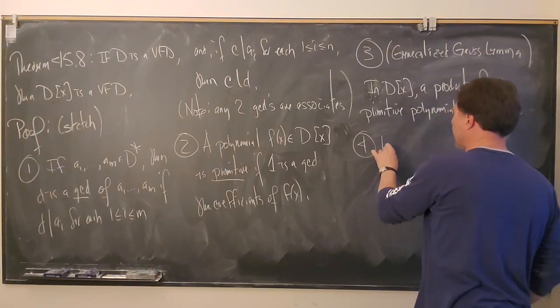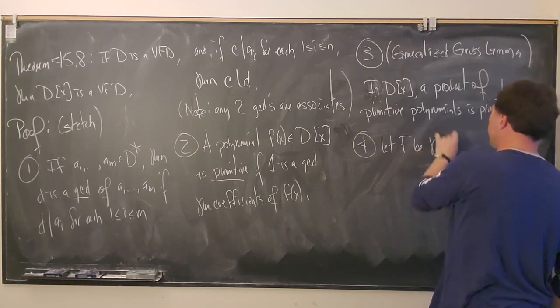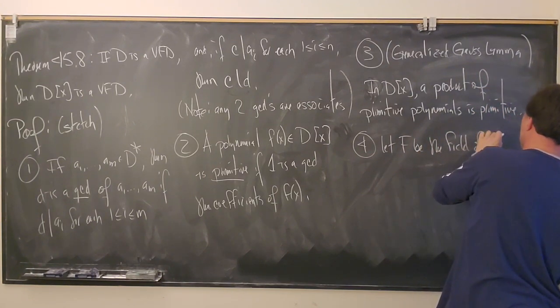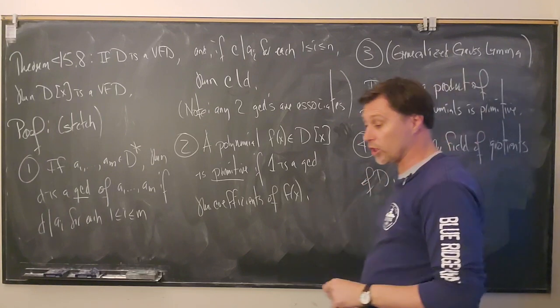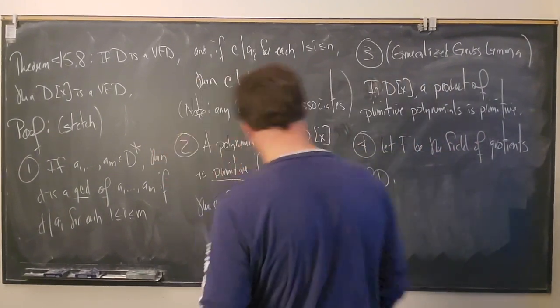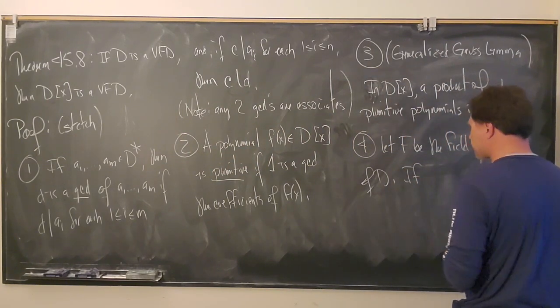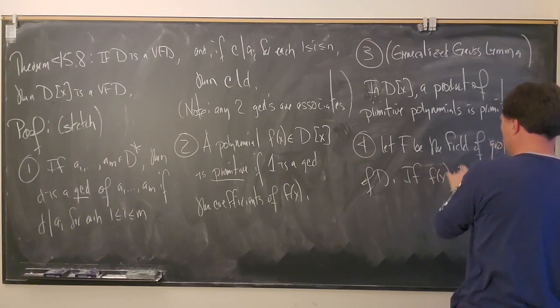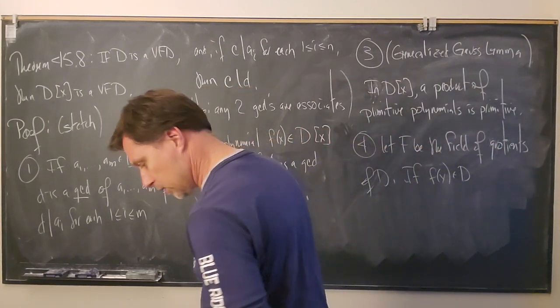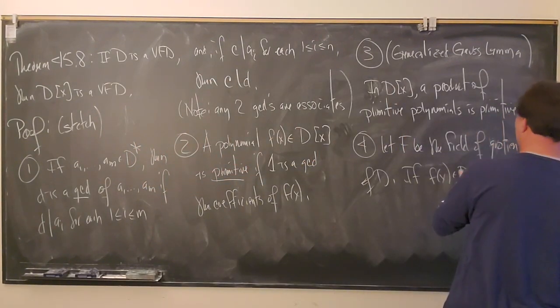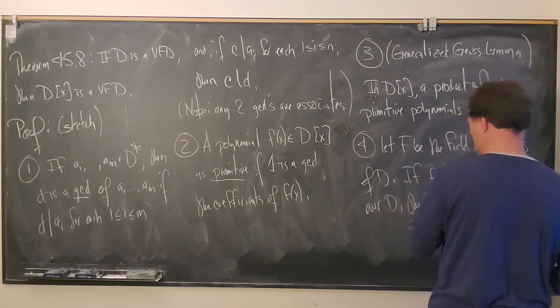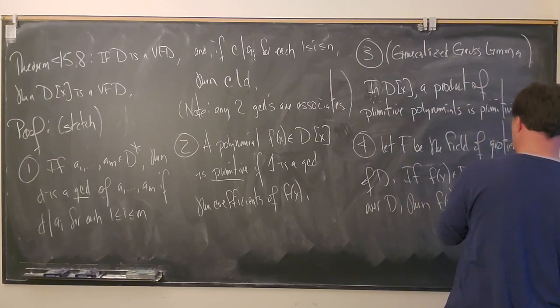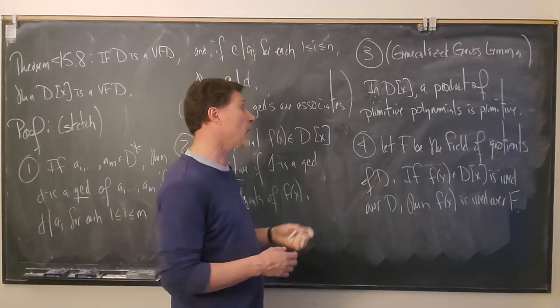So let F be the field of quotients of D. It turns out then, if f(x) in D[x] is irreducible over D, then f(x) is irreducible over F. We proved this in the case of an integer polynomial.